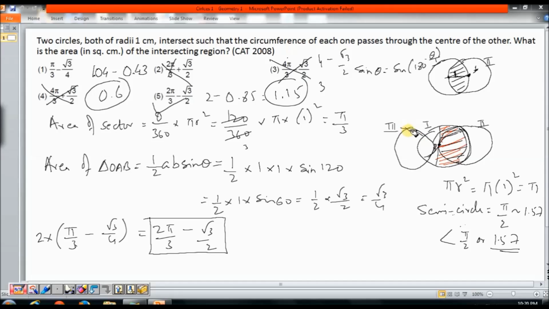Now, if you see, if I draw a circle something like this on the top, if each of these parts was 1/4 of a circle or less than that, then when I draw this third circle, I should not get anything common.